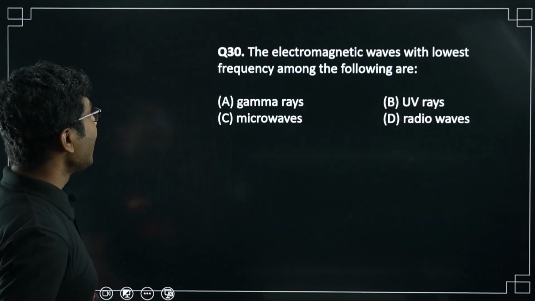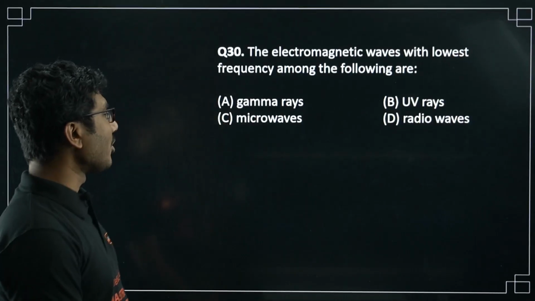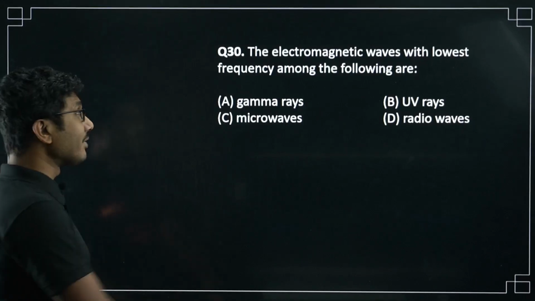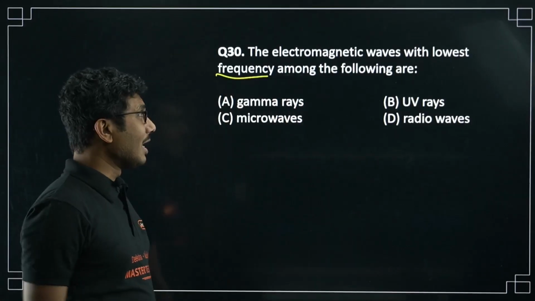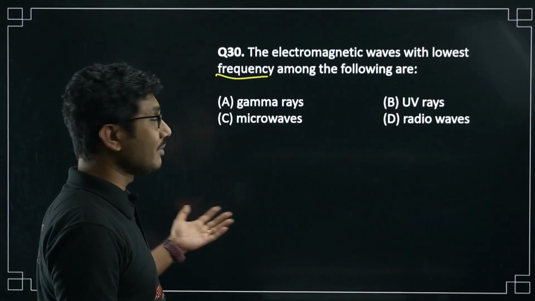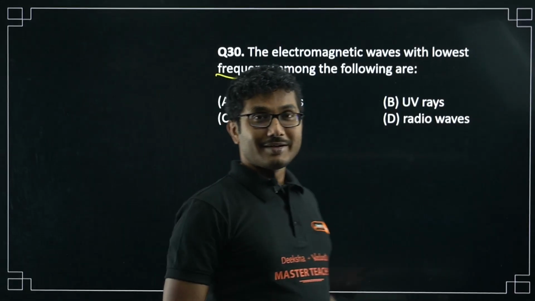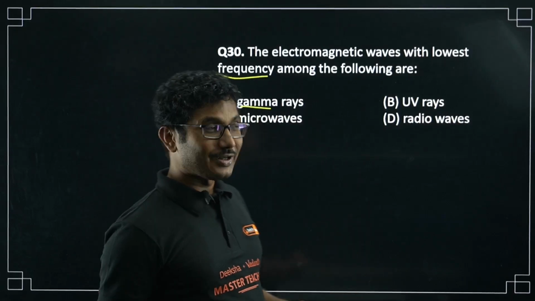Now next question, the electromagnetic waves with the lowest frequency among the following are. Lowest frequency, very careful: gamma rays, UV rays, microwaves, radio waves. So as I said in a previous question, gamma ray is the lowest frequency, right? Just checking if you are listening or not.